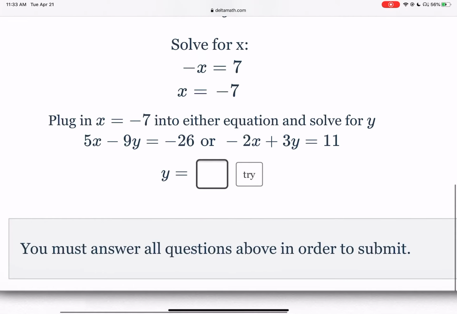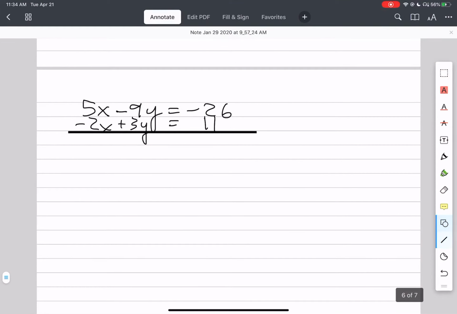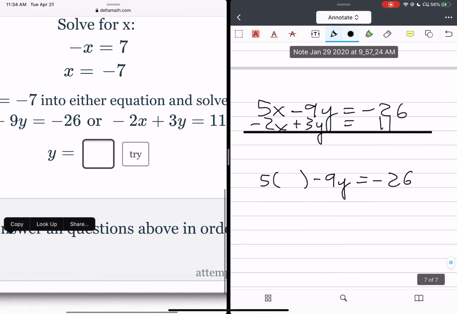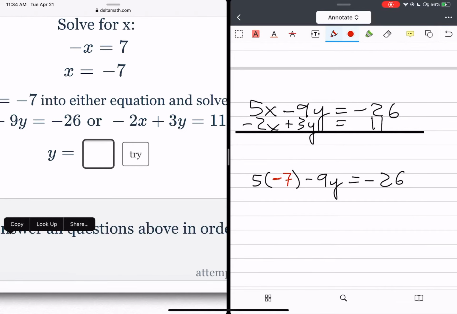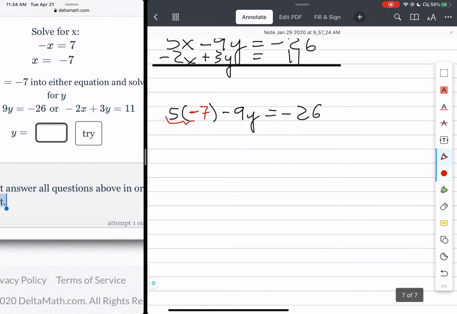And now it says plug x into either equation and solve for y. So let's take the top one. So 5x minus 9y equals negative 26. Then we're substituting negative 7 for x. So those two multiply to minus 35.